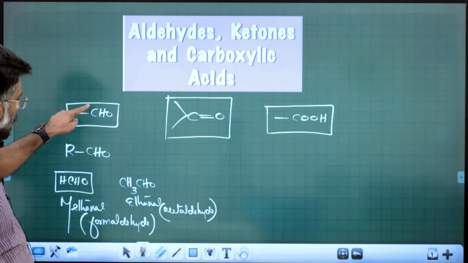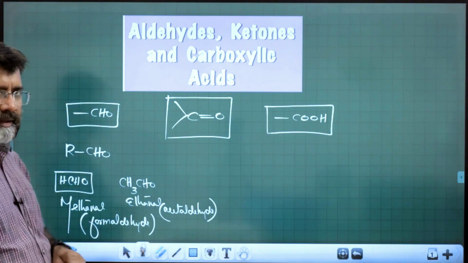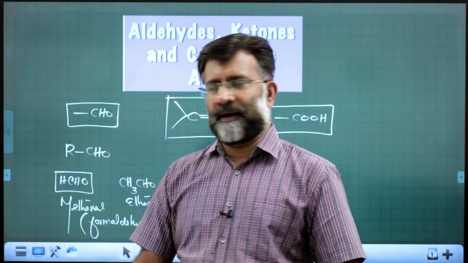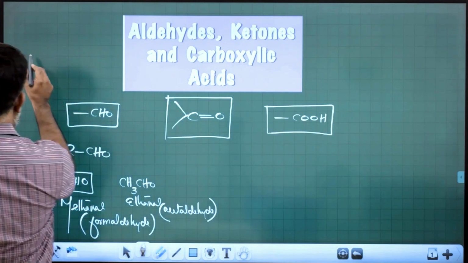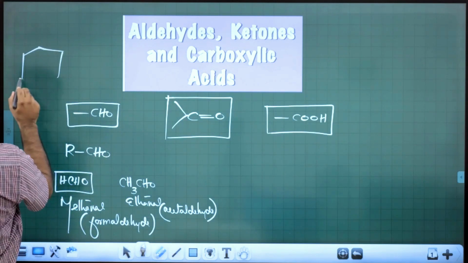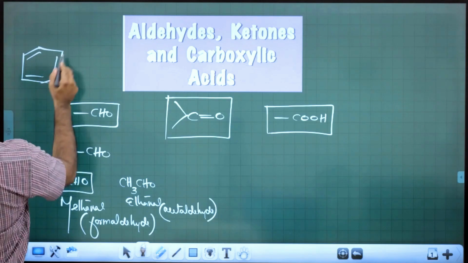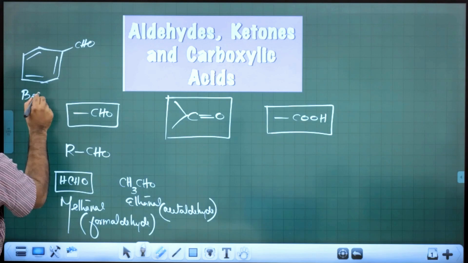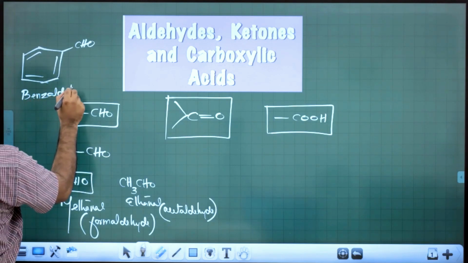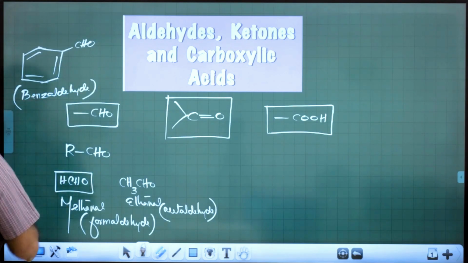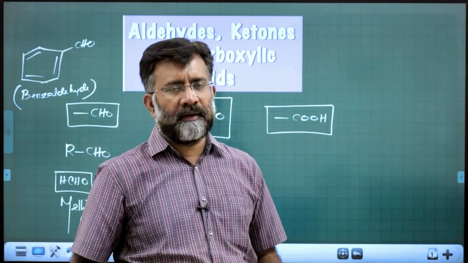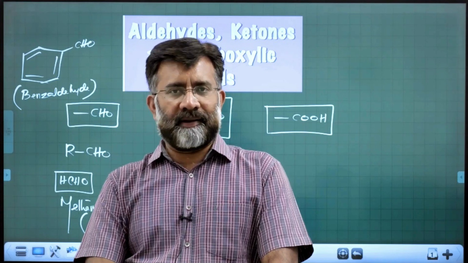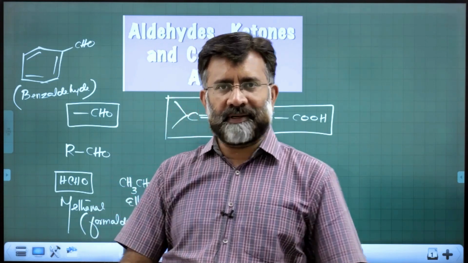So this is the functional group that keeps repeatedly coming in: methanal, ethanal, propanal, butanal, and the aromatic aldehyde, benzaldehyde. Aromatic aldehyde, benzaldehyde, called benzene carbaldehyde. It is actually benzene carbaldehyde, which you get the privilege of calling benzaldehyde, right? Oil of bitter almonds.